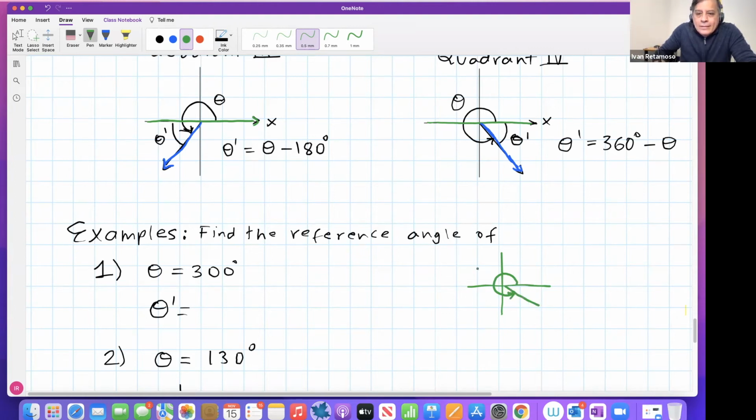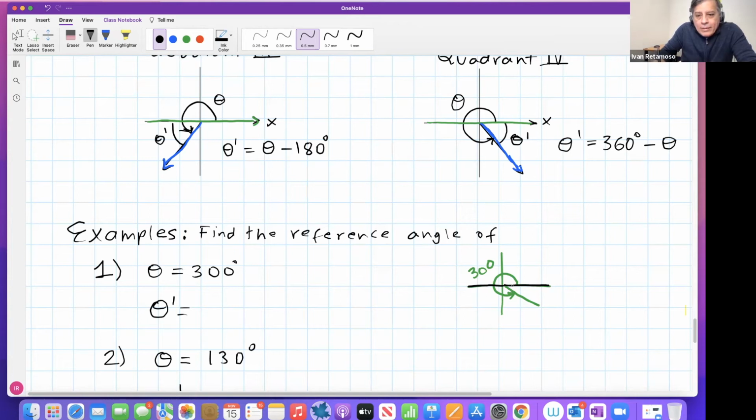This is 360, so this is 300 degrees. Now, notice this 300 degrees angle, if we follow the definition, it has a reference angle, or for its reference angle, this.